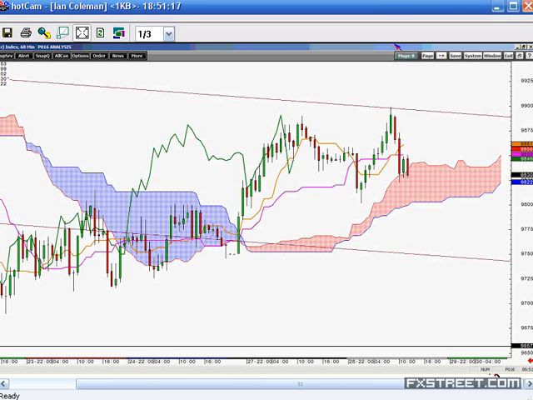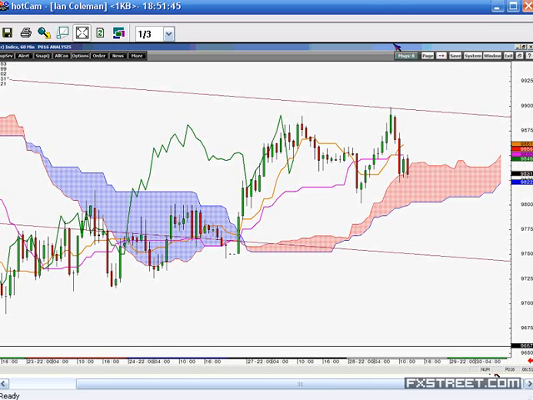So 3 main things to look for. It's obviously support resistance projected into the future, but also projected back off the lagging line. We need to look for the Zen lines to be in order. Okay, we can look for periods of flats, which basically warns us of areas of consolidation.